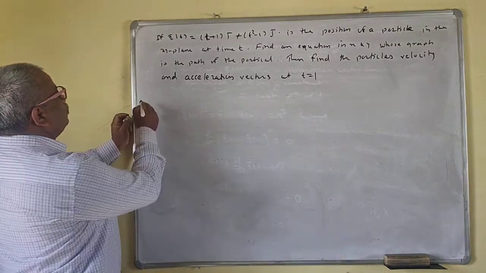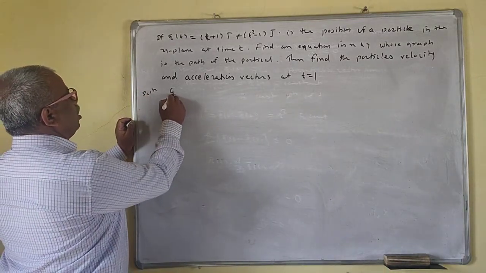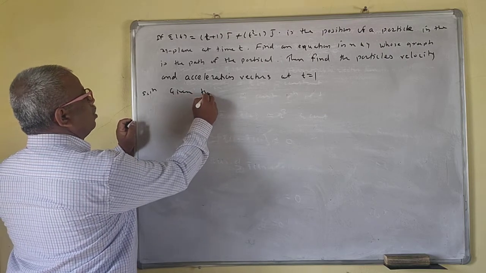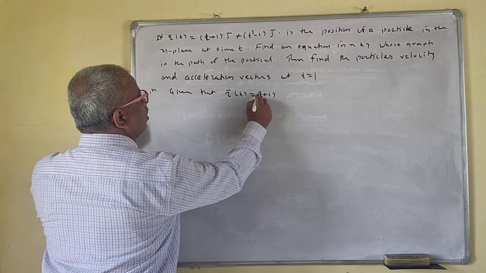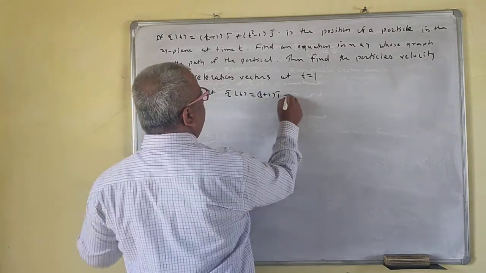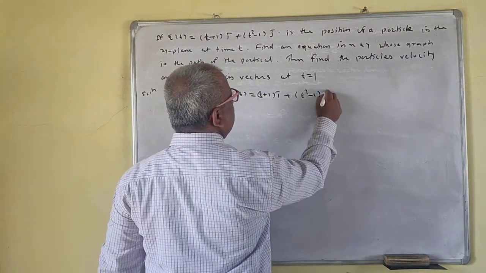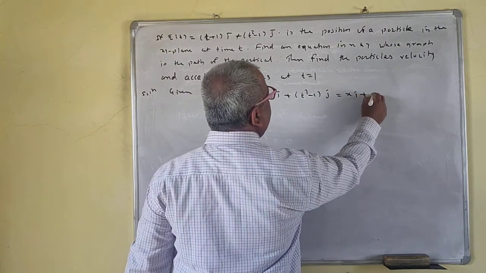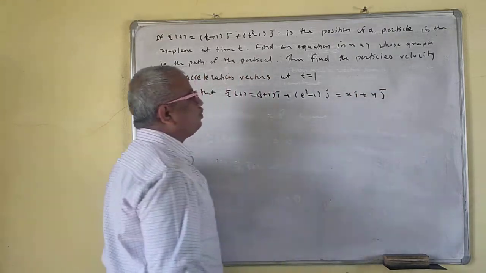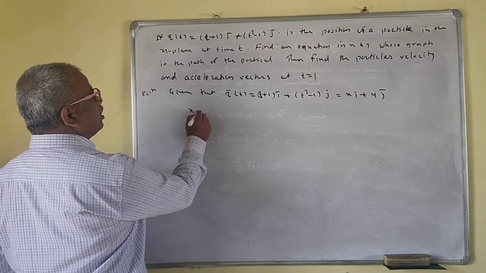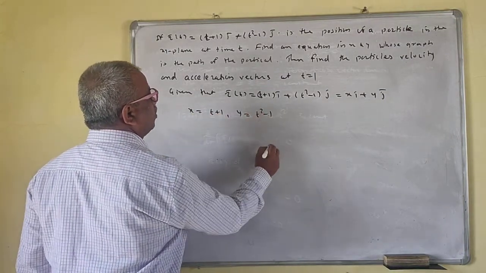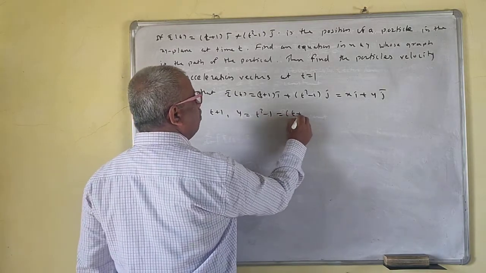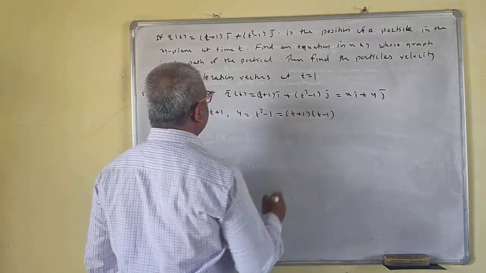Solution. Given that r bar of t is equal to t plus 1 i bar plus t square minus 1 j bar. This is equal to x i bar plus y j bar. So x is equal to t plus 1. Y is equal to t square minus 1. I can write this as t plus 1 into t minus 1.